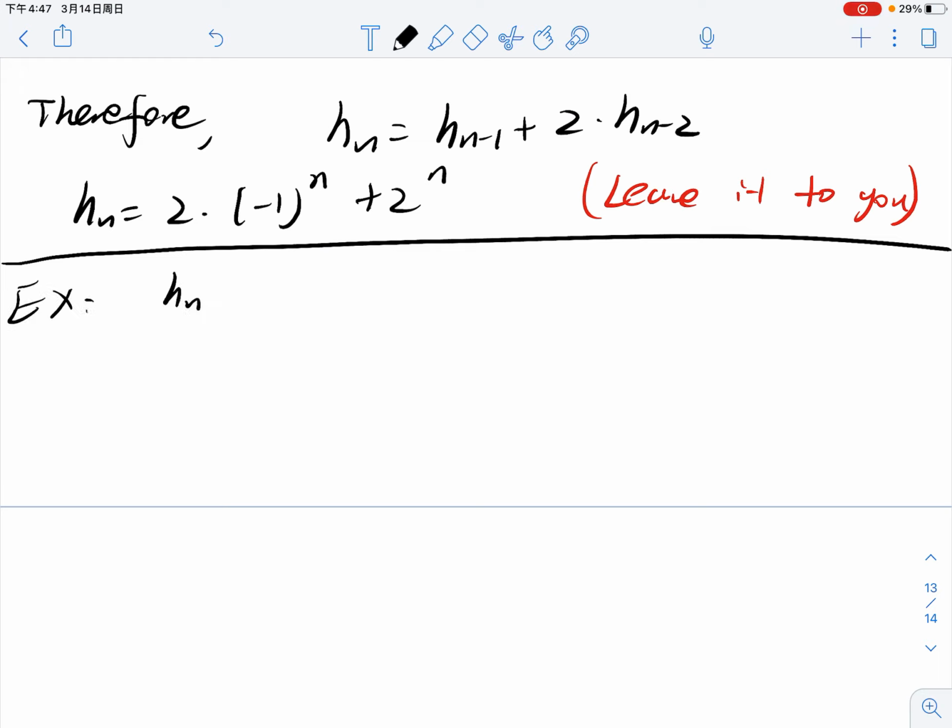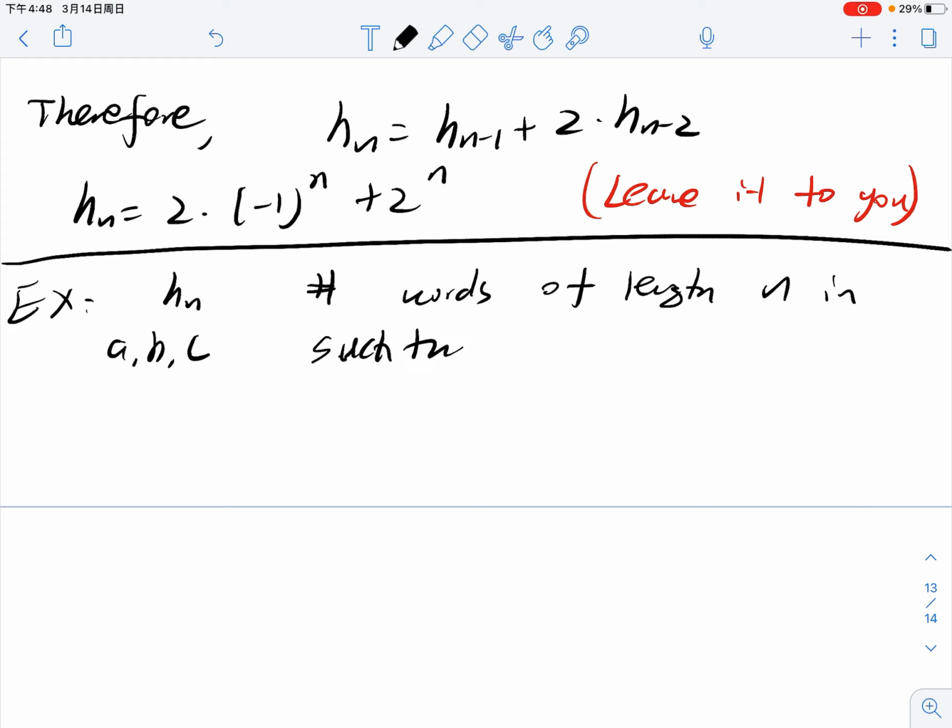So let Hn be the number of words of length n in three letters A, B, C such that no two adjacent A's.